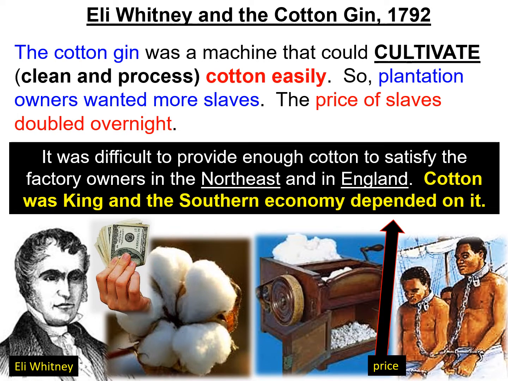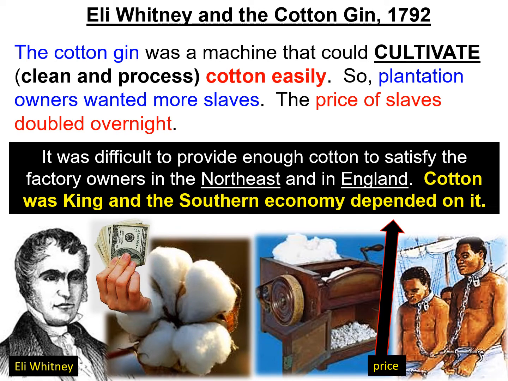Eli Whitney and the cotton gin. Well, there's a man, his name is Eli Whitney. He is an inventor. He creates this machine that is called the cotton gin. The cotton gin was very important because it was a way to help clean the cotton. See, cotton, when it's grown, it's a plant. When it grows, it has thistles in it, it has thorns in it, it has debris, dirt in it, and it has to be cleaned.